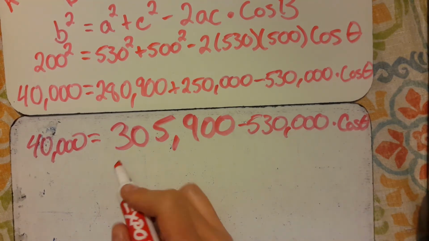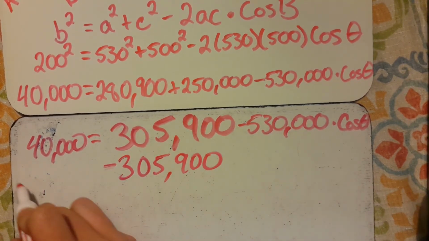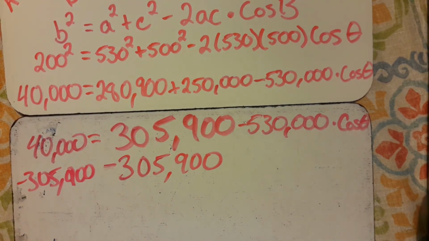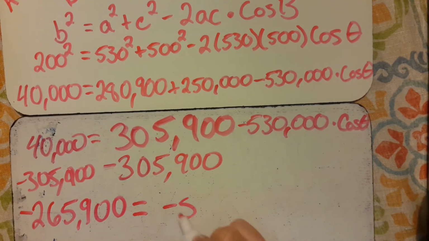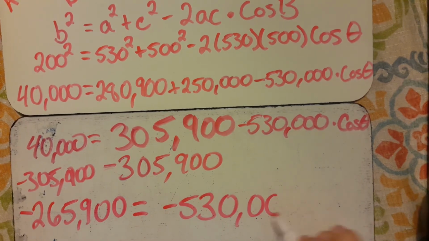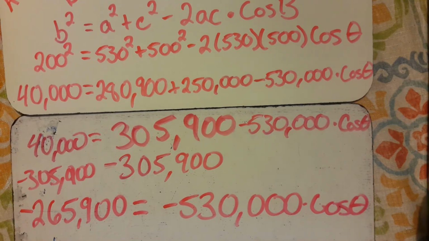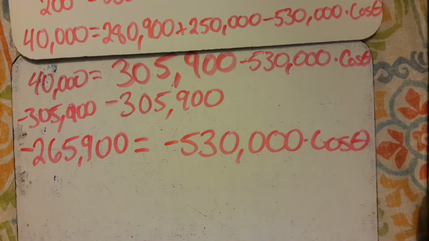The first thing you would do is subtract this. So 305,900, which if you're using a calculator is, well, even if you're not using a calculator, you should get the same answer. And again, I'm kind of treating cosine of theta like a variable.